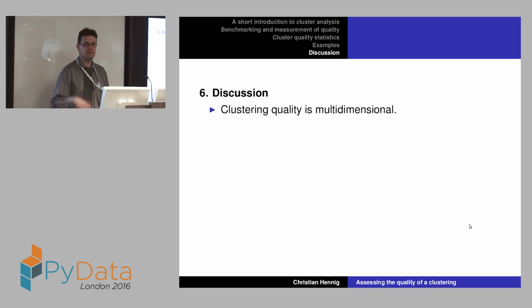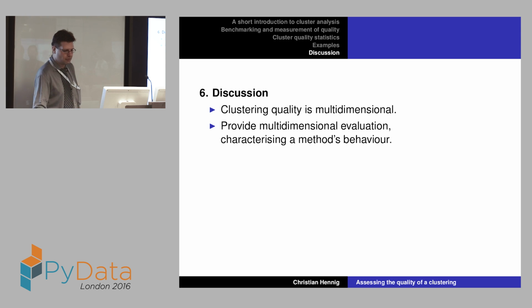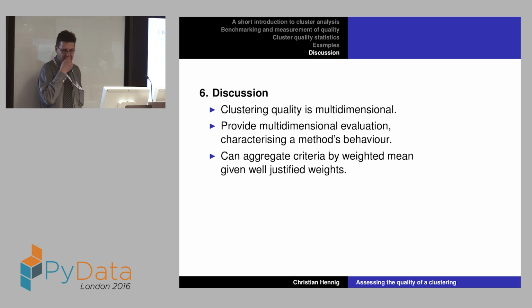Yeah, and then I'm very close to the end. So the main message here is that the clustering quality is multidimensional. What I want is a multidimensional evaluation of a clustering method's behavior. If you still want a single value, if you apply clustering to a specific data set, you can compute a weighted mean.